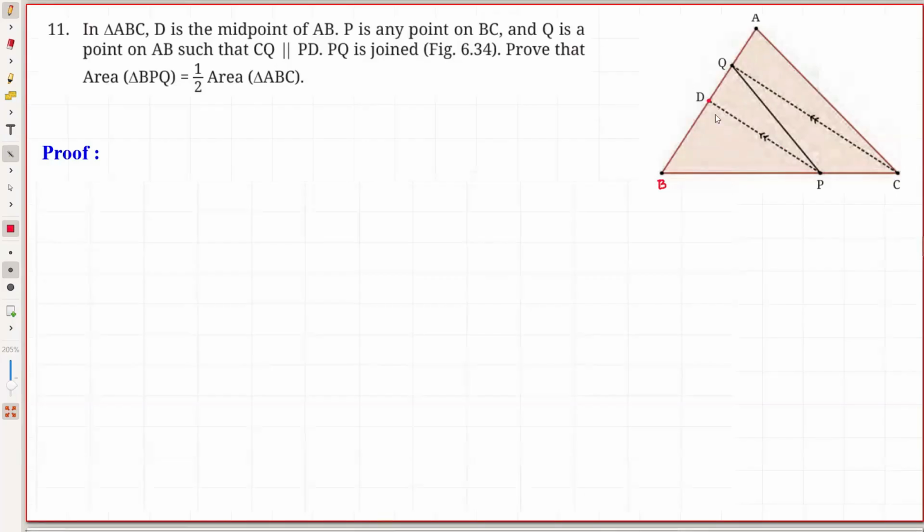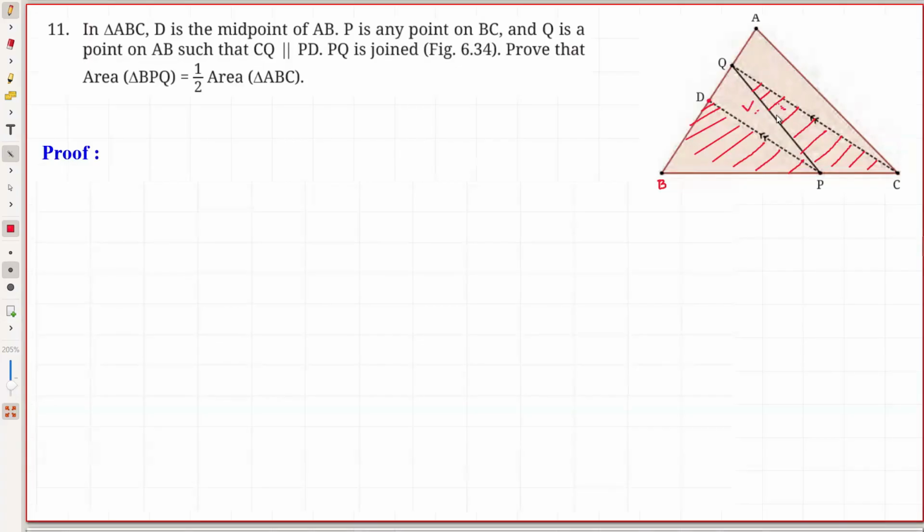For proving, I'm going to find out the area of this triangle plus the area of this triangle. In the proof, you will get it like this. Based on one property, we can say these two areas will be equal.